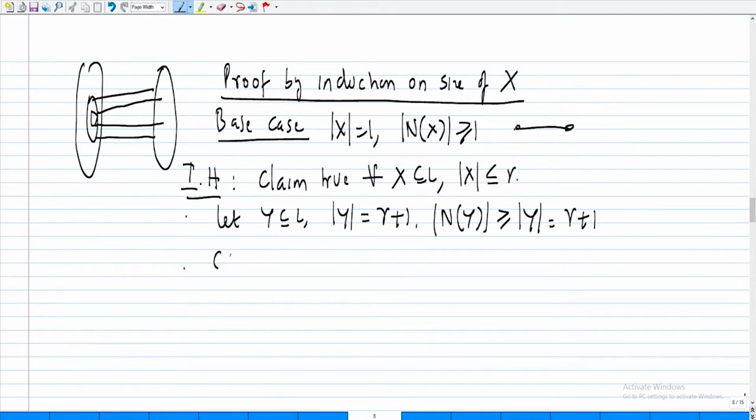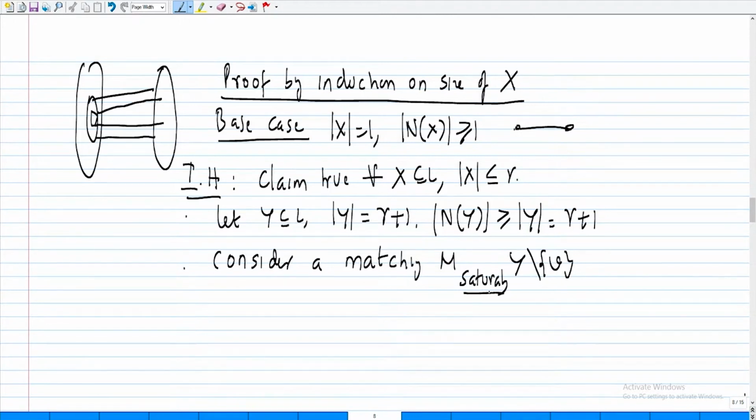Consider a matching M of Y minus one special vertex V. Just remove it. Right? Matching M saturating Y minus V. So you are interested in proving this theorem.